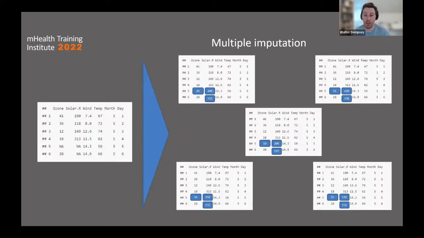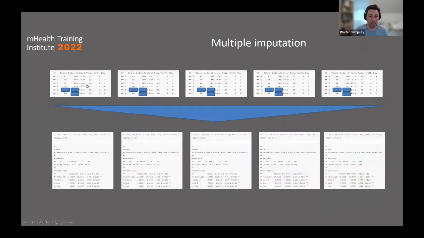This is just, for those of you who are more visual learners, a visualization of what multiple imputation is doing. Just to remind you of my simple example, I have missing data here, here, and here. In my case this is ozone, but let's just think in wearable land, this would be daily step count and daily heart rate variability and a bunch of other variables, month and day, and maybe temperature. So I might have missing step count data on a given day. Multiple imputation would build 5 versions of this data set with different imputed values for the missing variables.